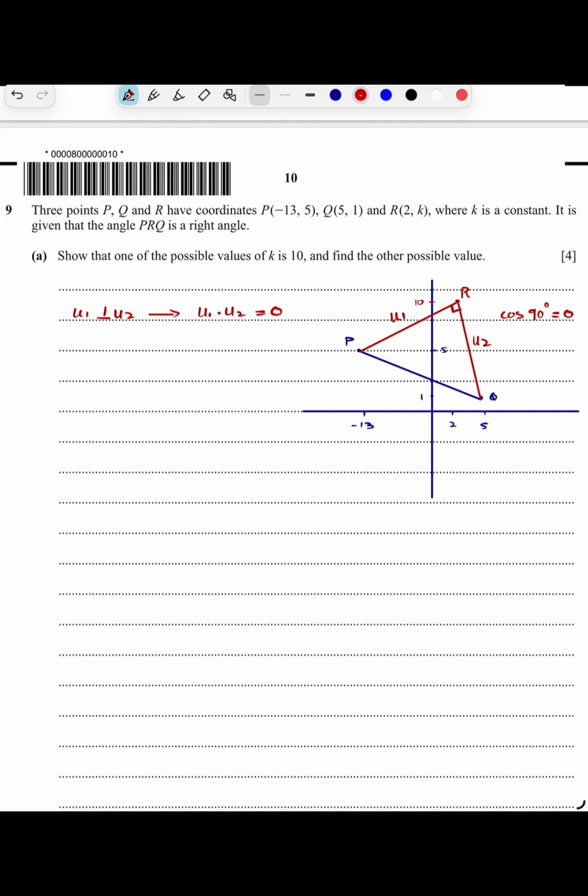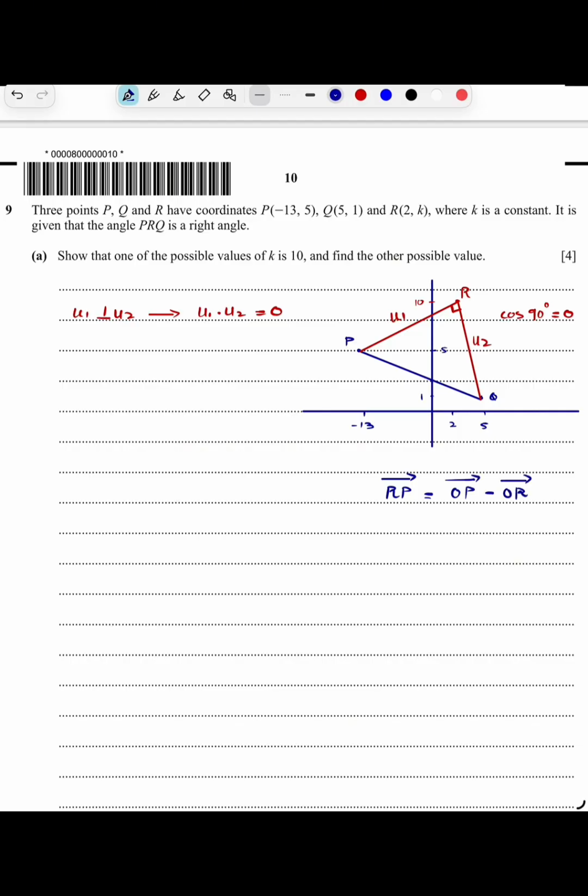So that means we should find u1 and u2. Now we only know their position vectors. So to find u1, what I should do is, these are two vectors OP and OR, right. So if I want PR, then I need to subtract these two. Let's do a little rough work just for our own understanding. If I want, for instance, the vector RP, this is going to be OP minus OR.